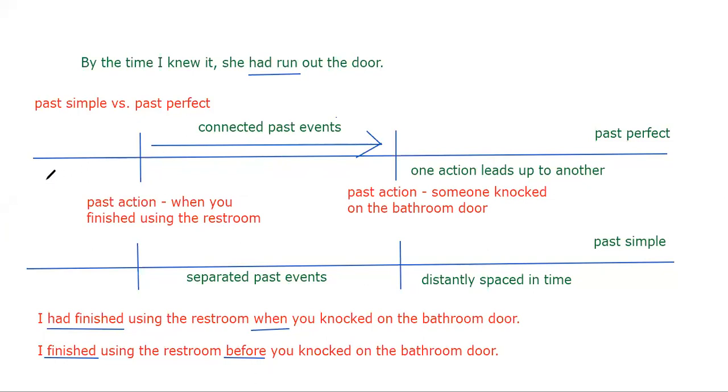So I don't want to erase this, but before I do that, let me show that this is connected to this, and this is connected to this, just for everyone's reference. And now I'll just go ahead and erase this sentence.